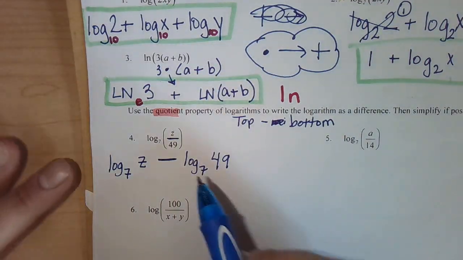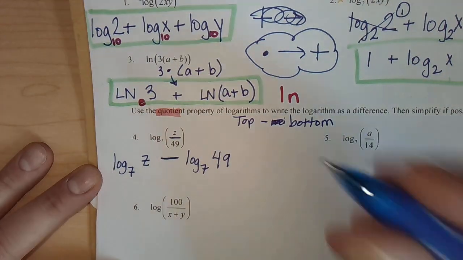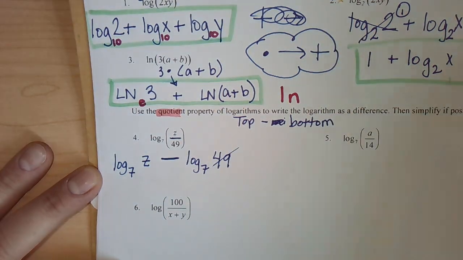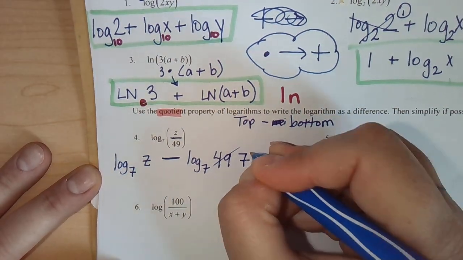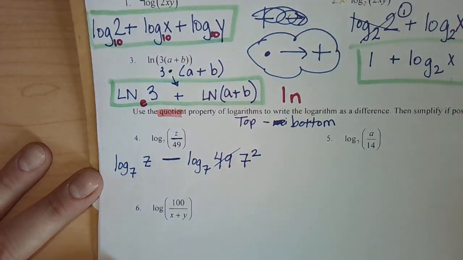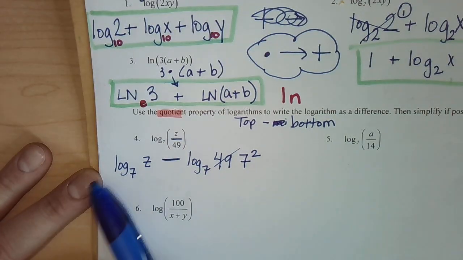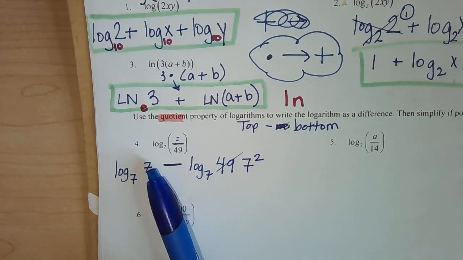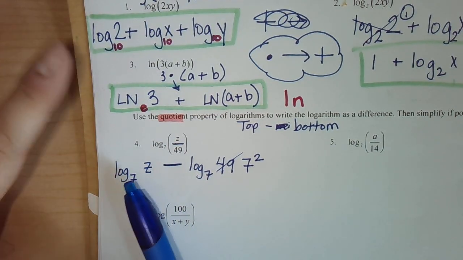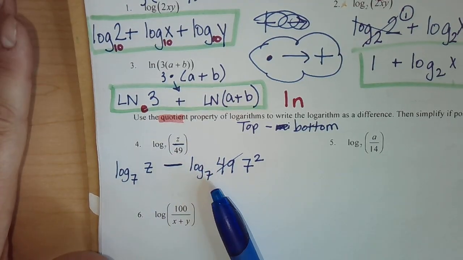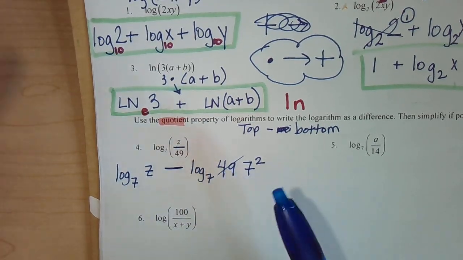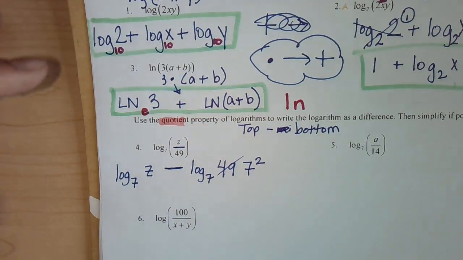I see a subscript of 7, and I think I can scratch that out and put 7 squared. So this first one says log 7 z, minus log 7, and then we scratched out the 49, and we put 7 squared.